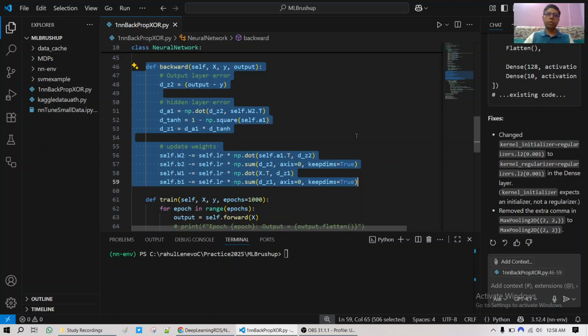And once we get the error, that is the difference between the target and the predicted value of the output, we pass this error in the backward direction to adjust the weights and biases of the neural network so that in the next iteration, the neural network will understand.